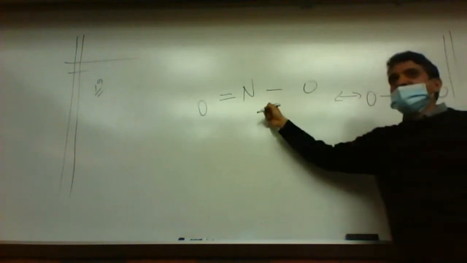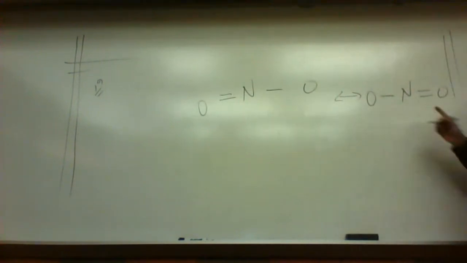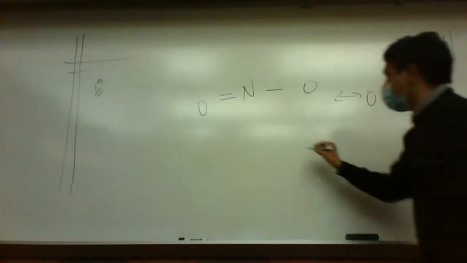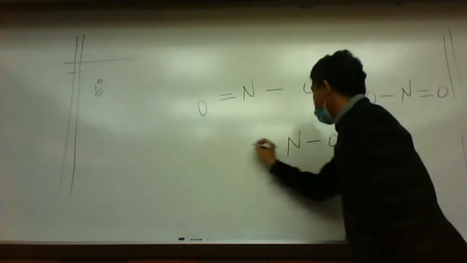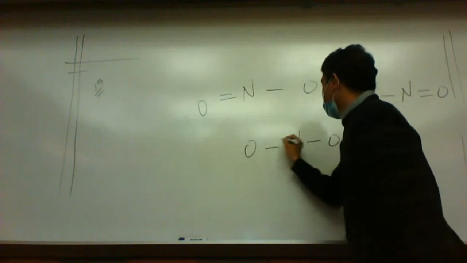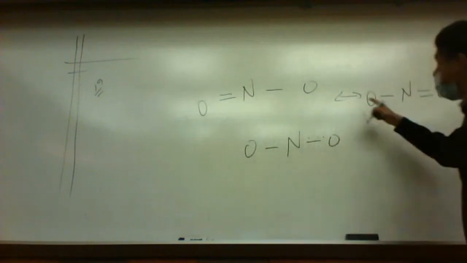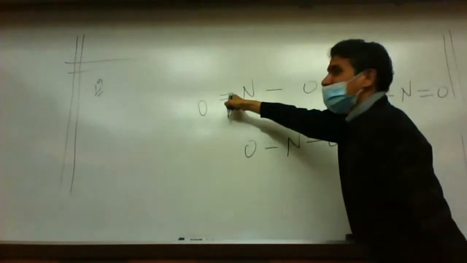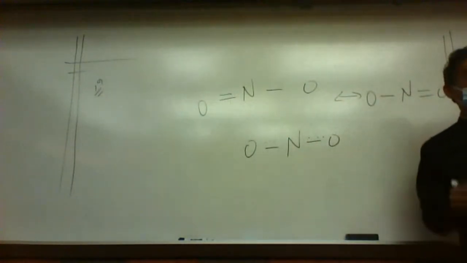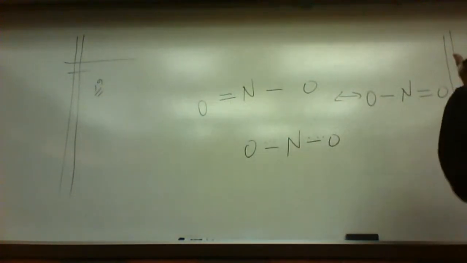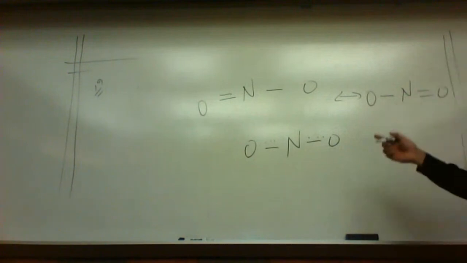So neither of these is the real structure. The real structure is like this, with a single bond here, O, and dots here. The electrons from the double bond are distributed like this. This is called a resonance structure, which we covered in the previous class.